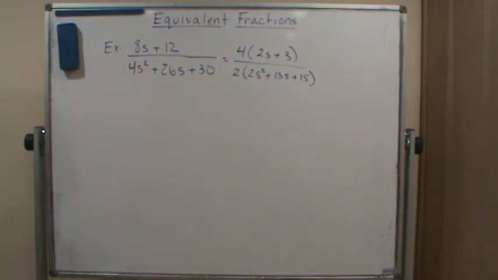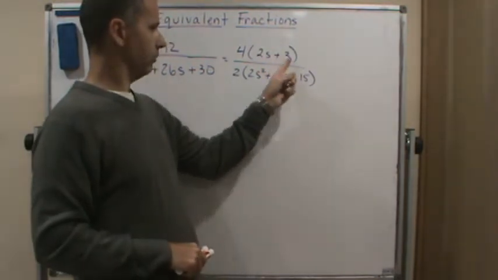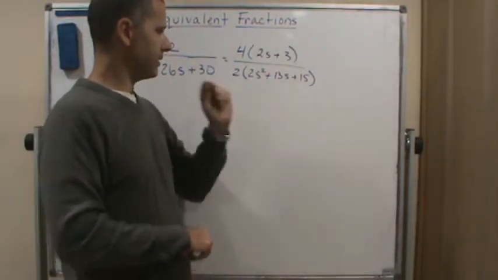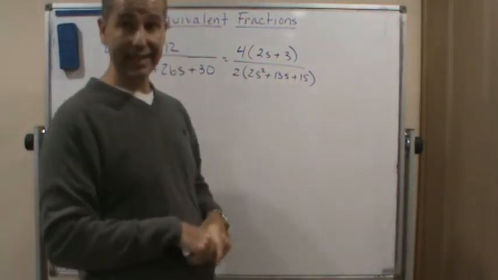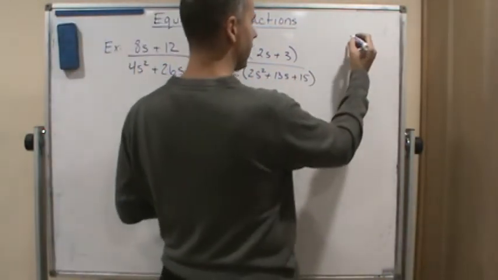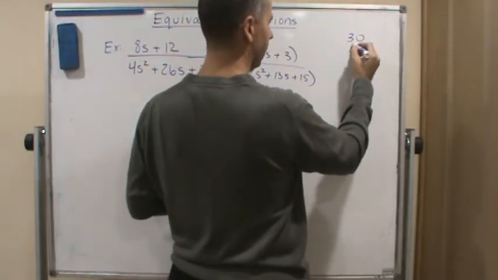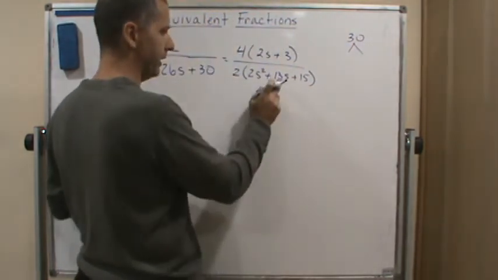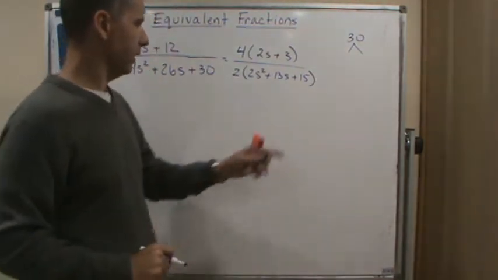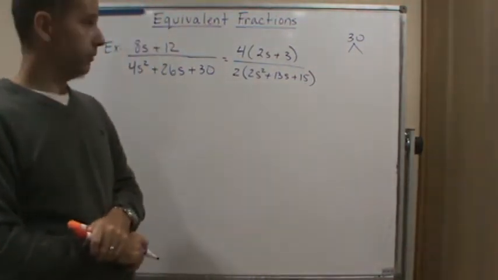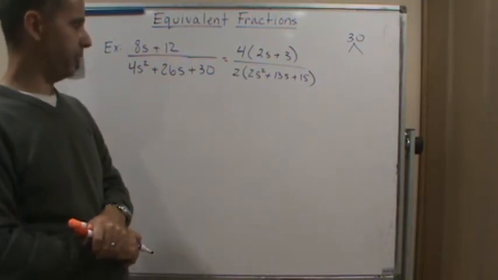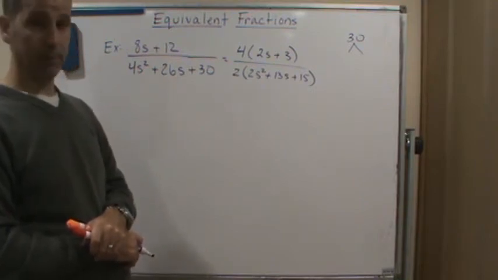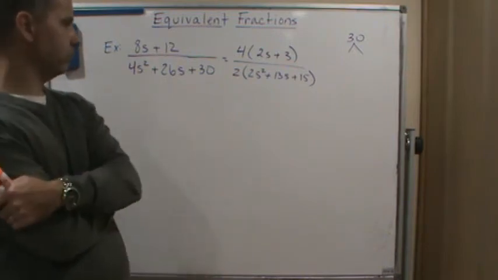And so now, this we can't factor. But what about this? Well, let's use the AC method. So we've got 30. We need 2 factors of 30 that add up to 13, and they're both positive.